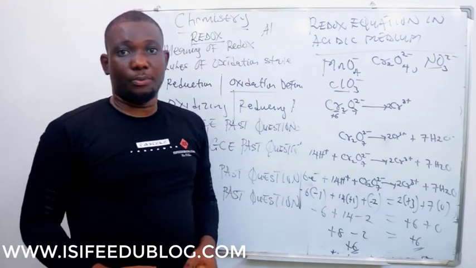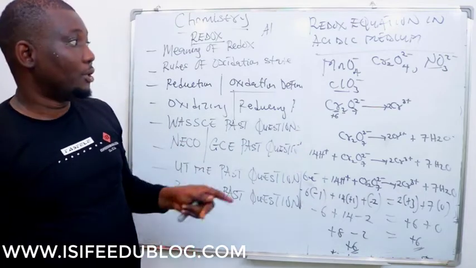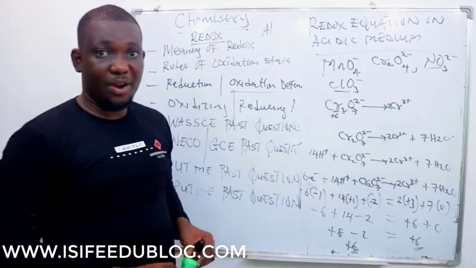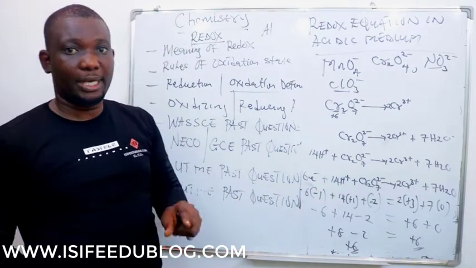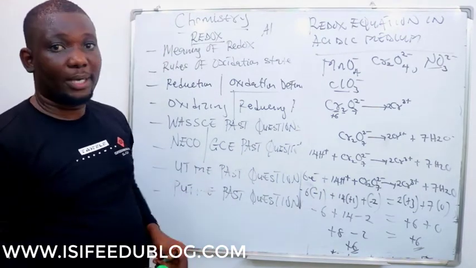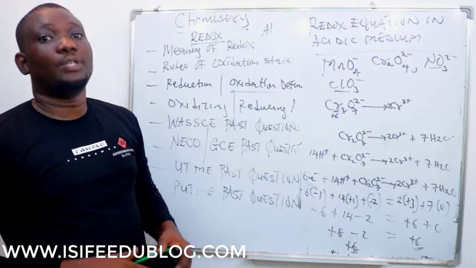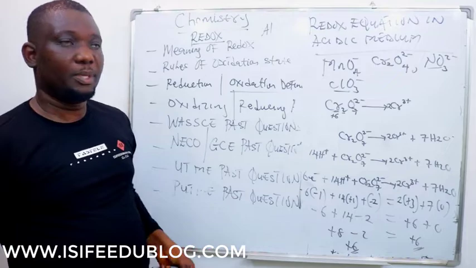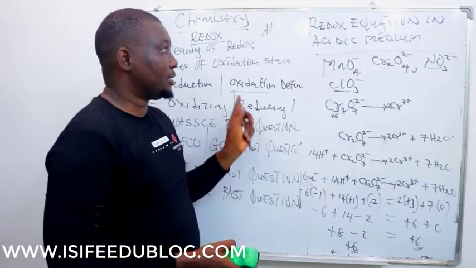I think I'll give you one or two examples on that before we call it a day on this topic. It is very, very important. I'm going to just solve 2 problems here, and then for more problems, you go to our link to see more of the past questions on WAEC, NECO, post-UTME, UTME on this topic.